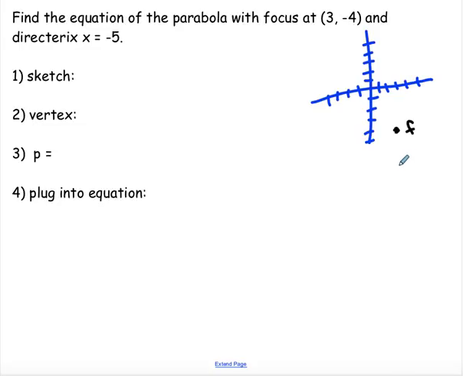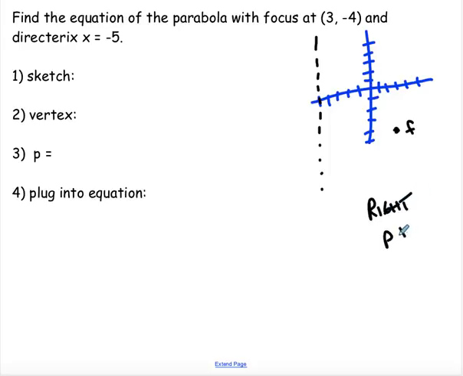And the directrix is x equals -5. So is that a horizontal line or a vertical line? If it's x equals, it's vertical. So x equals -5 would be here. That's going to help us know that our parabola is going to be opening to the right.